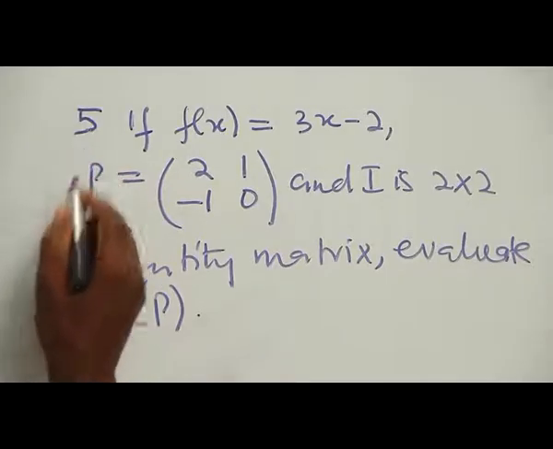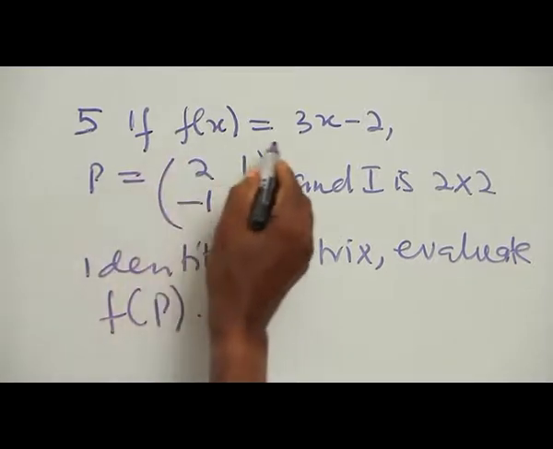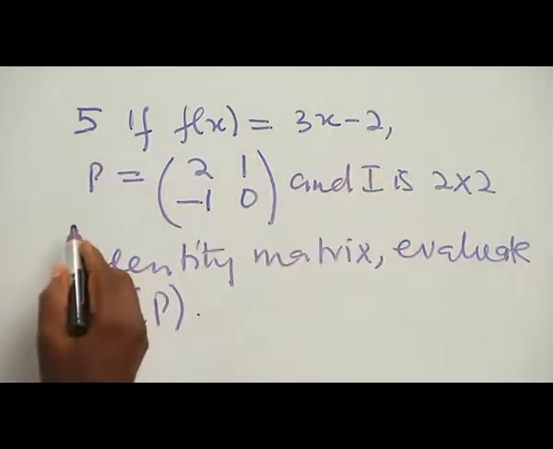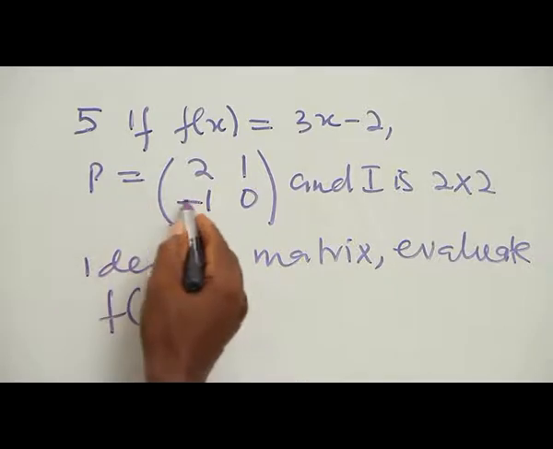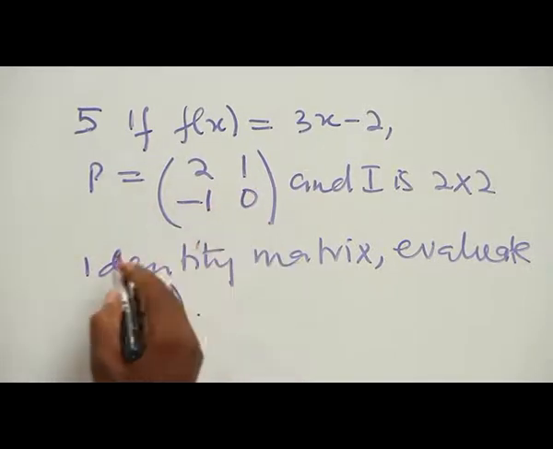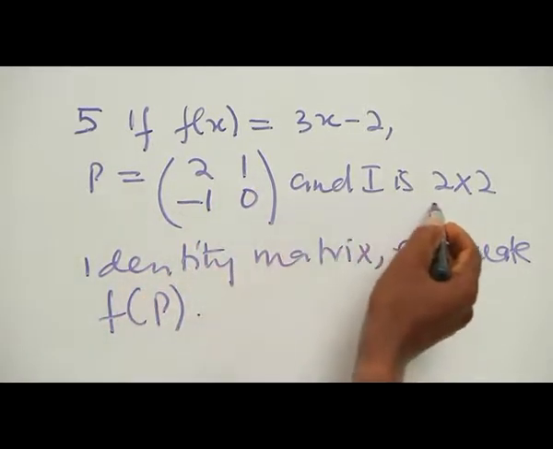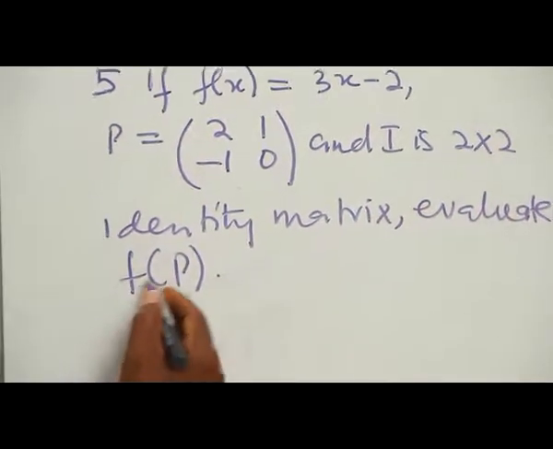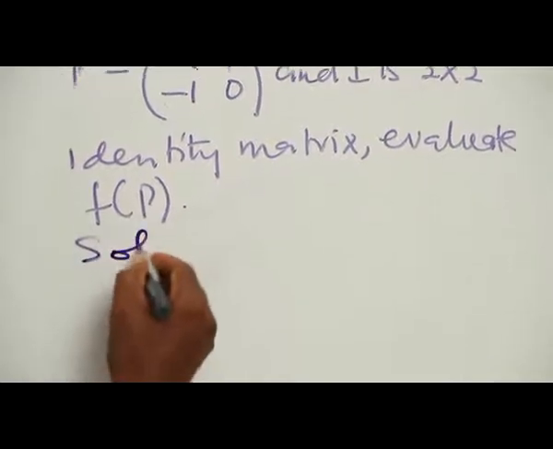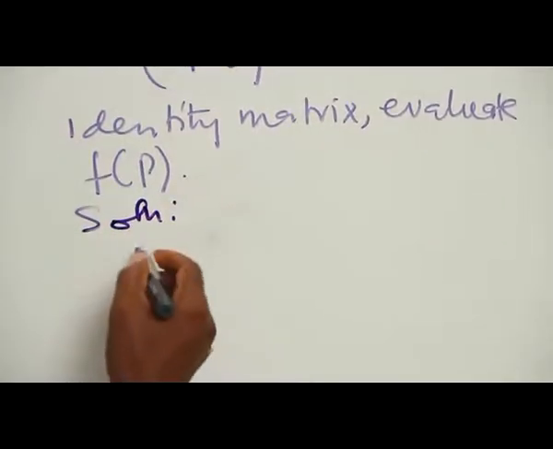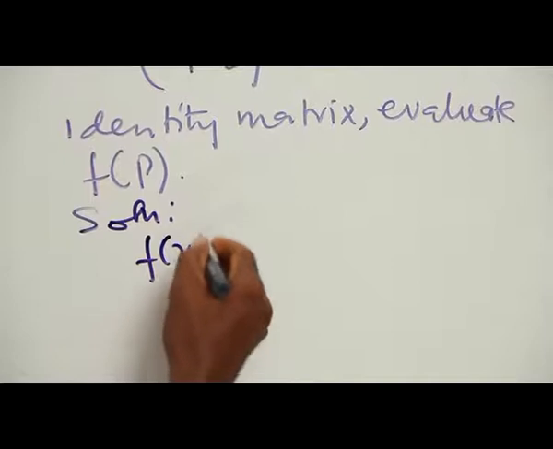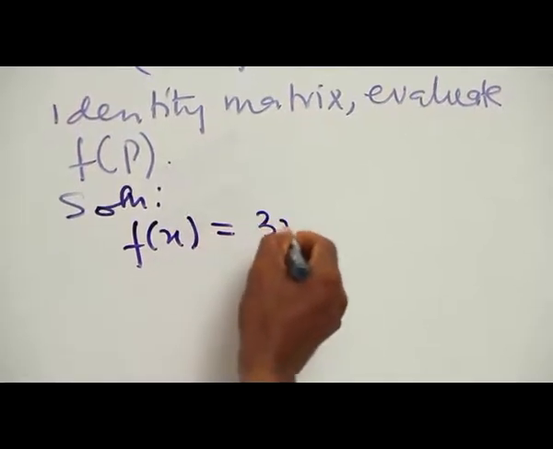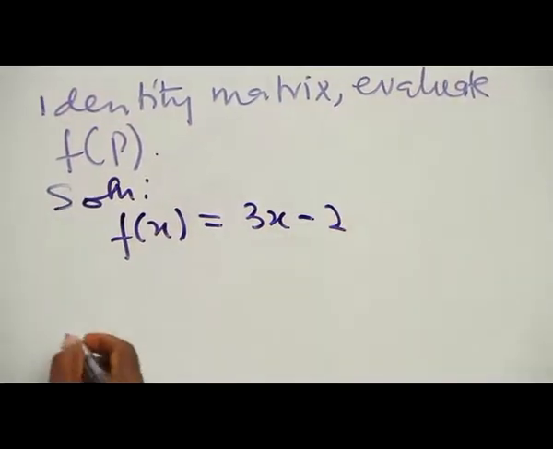Example number 5. If f of s is equal to 3s minus 2, and P is equal to the matrix 2, 1, minus 1, 0, and I is a 2 by 2 identity matrix, evaluate f of P. Solution. Now, you have been told that your f of s is equal to 3s minus 2.